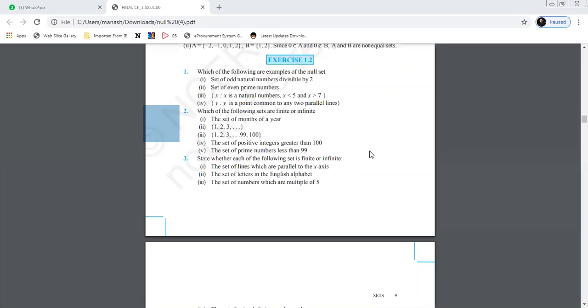Now come to the next one. State whether each of the following sets is finite or infinite. What is the first one? The set of lines which are parallel to x-axis.